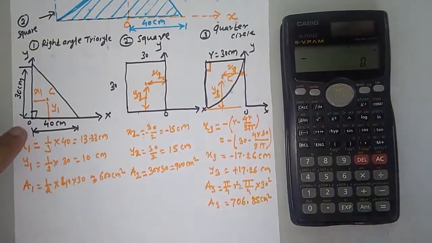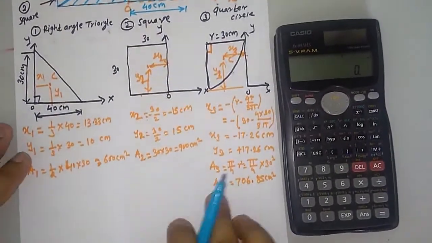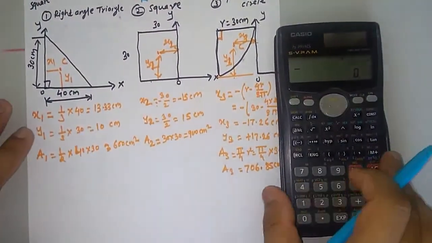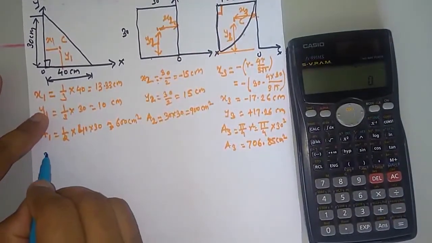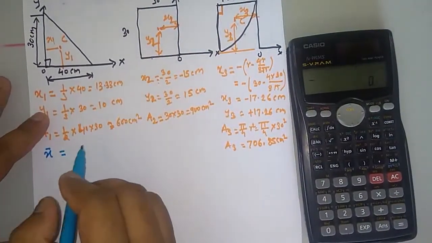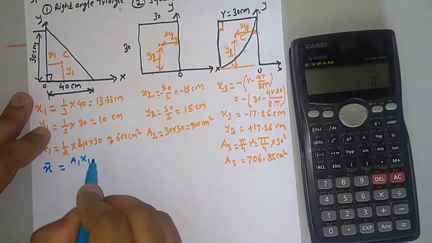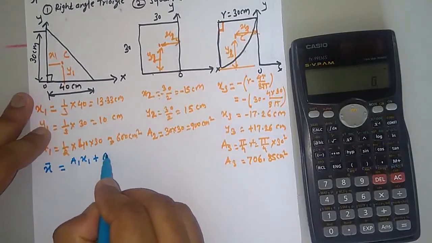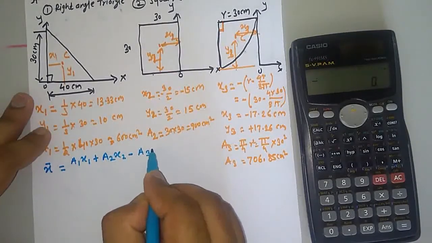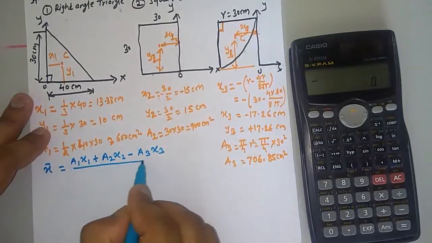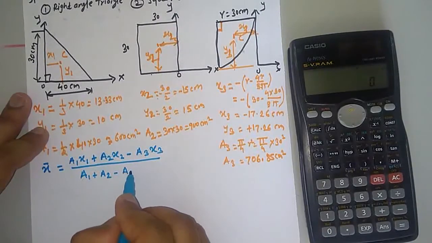Okay, so now we need to find the coordinates, that is x bar and y bar. So what formula will we use here? What is the formula for x bar? a1 x1 plus a2 x2 minus a3 x3 divided by a1 plus a2 minus a3.